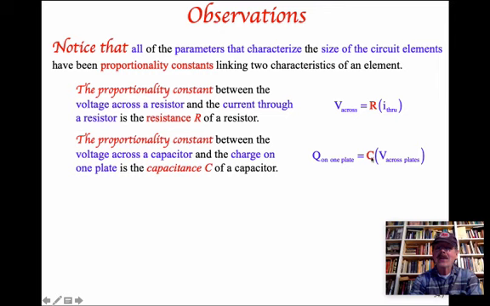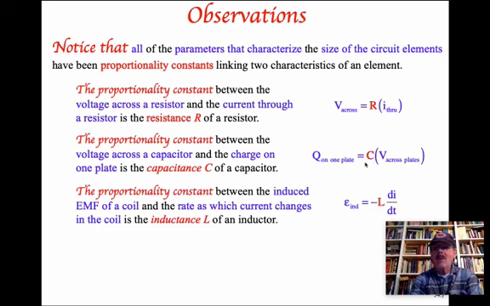The proportionality constant there was C, the capacitance of the capacitor. And that was the thing that told you how big, quote unquote, the capacitor was. Now we're looking at an induced EMF across the leads of an inductor, or the leads of a coil, being proportional to the rate at which the current changes with time. Turns out inductance is that proportionality constant. Inductance is the thing that tells you how big the coil is.